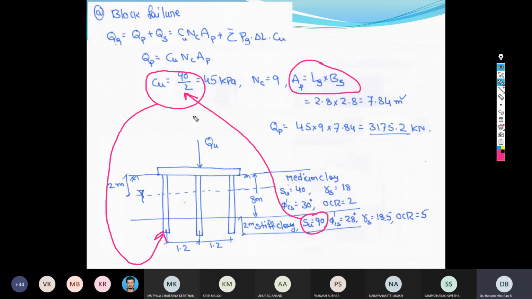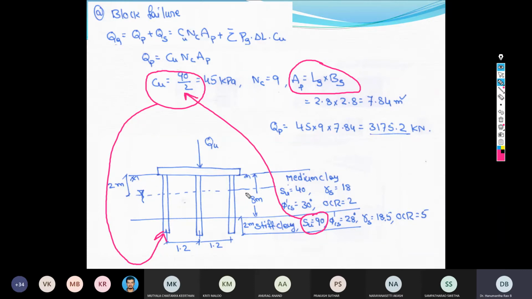I repeat again. In the first step, when you calculate the point bearing capacity of a pile, you have to pay attention to which soil layer the pile tip is resting in. In this given problem, the pile tip is resting in stiff clay, whose undrained shear strength is 90 kilopascals. Based on this, you calculate the Cu value, that is 90 upon 2, which is 45 kilopascals.